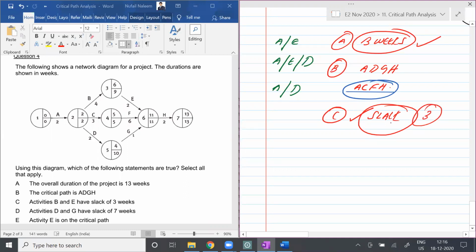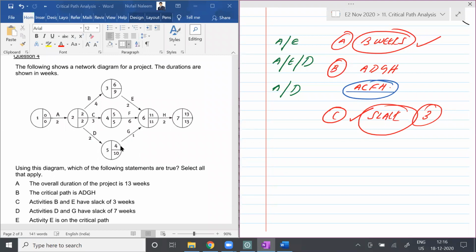Okay. Then D and G has a slack of 7 weeks. So can we just observe that, Malit? Easily you can. 4 and 10, what is the difference? 6. So that is wrong, right? Can we also observe G? If you see G, look at this carefully.